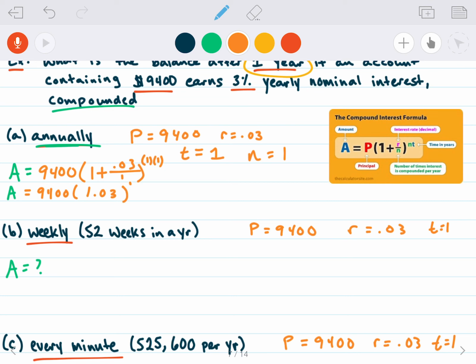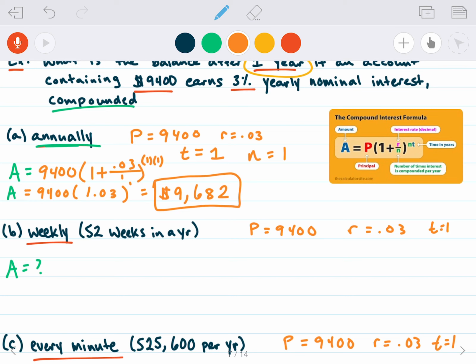I can put this in my calculator, and I am getting $9,682 as my ending balance after a year. Okay, so that was the first example.